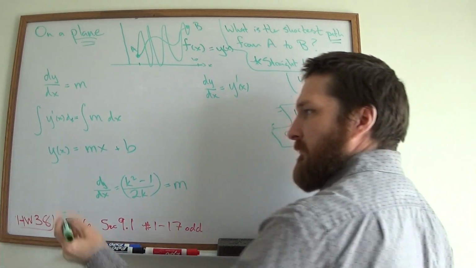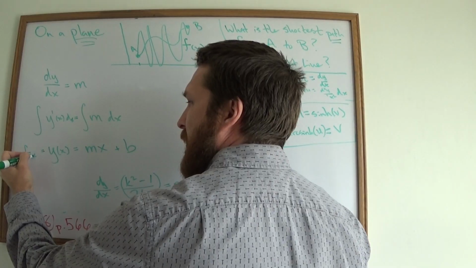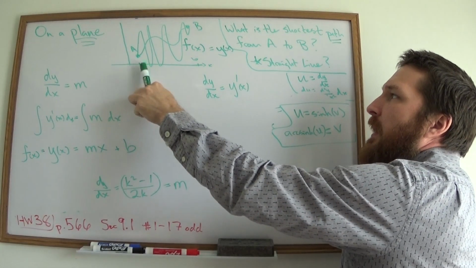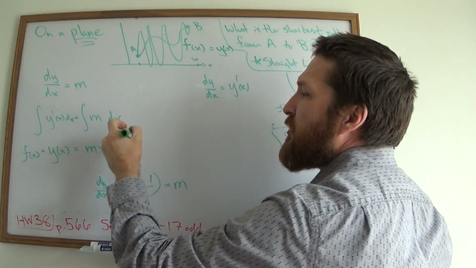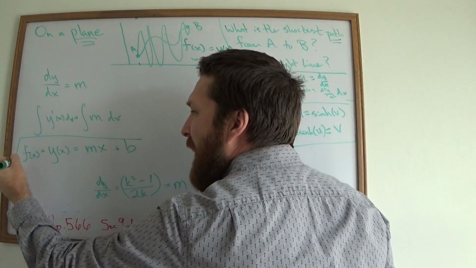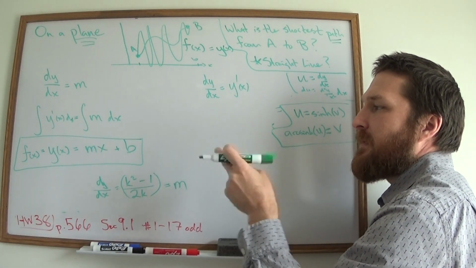And so it turns out that the path, our function, which gets us from point A to point B, that's the shortest distance, the shortest length of that path, has the form y equals mx plus b.